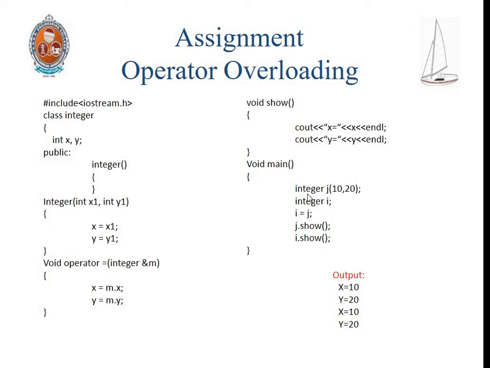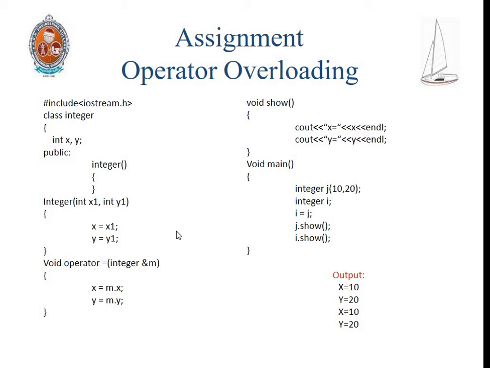Here the statement Integer j(10, 20) invokes the function with two arguments and executes the body of that function. So j(10, 20) means it copies the values 10 and 20 to x1 and y1, and these x1 and y1 values are copied into x and y.